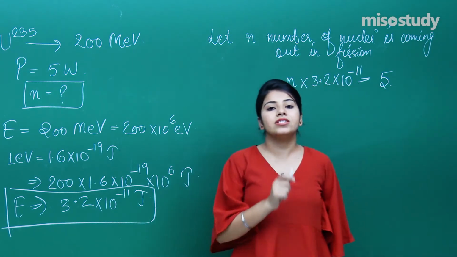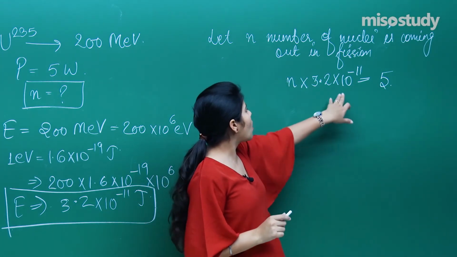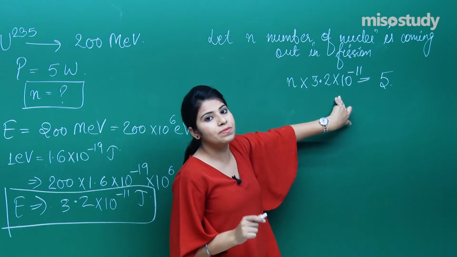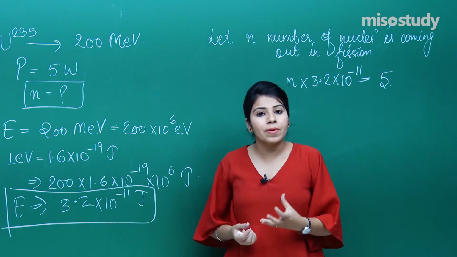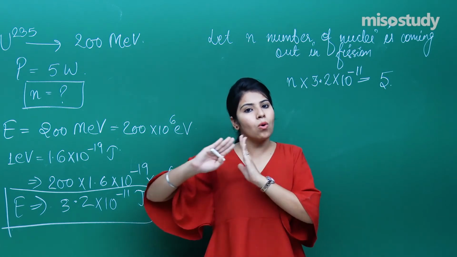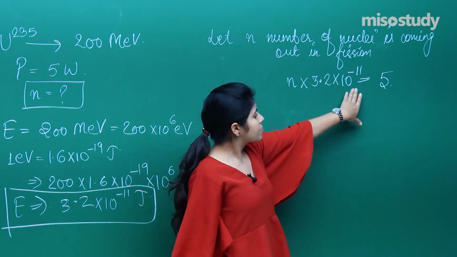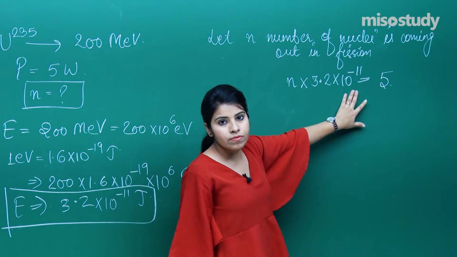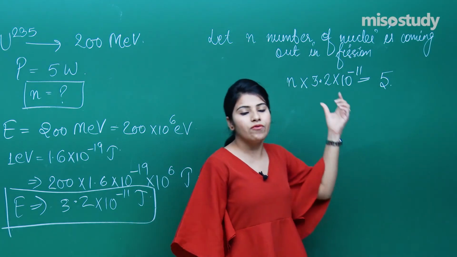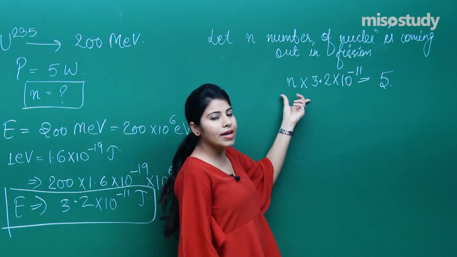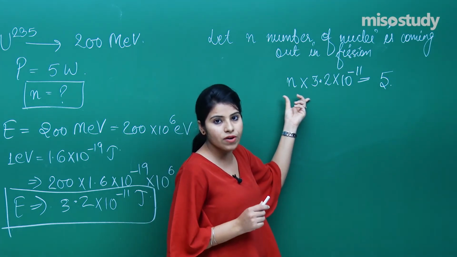Now if there is a doubt in your mind about how we are going to write this, let me tell you. What is power? Power is nothing but the energy generated by all these nuclei. We have been given the energy for one nuclei and we are supposing that there are N number of nuclei, so the total energy will be this.